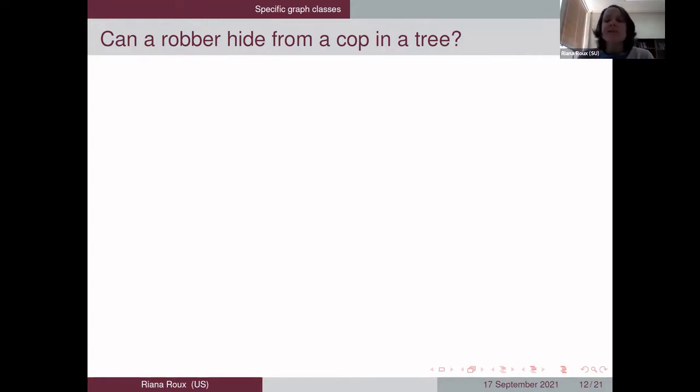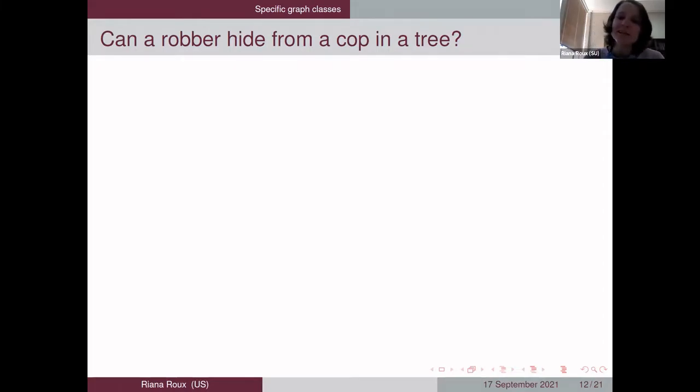But I just want to give you an overview of this. So we're not going to go into the details of all possible bounds. I would rather look at a very easy type of graph that you would like to consider when you find a new parameter, because it doesn't contain cycles, and that is the graph class of trees.